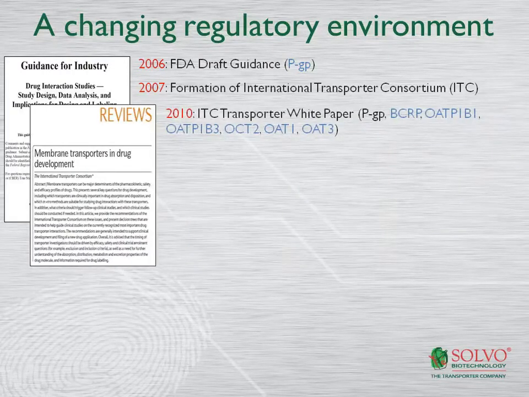And 3 years later, they published their ITC white paper, where they already included that PGP is essential to be assessed for each new drug, the effect on PGP, if it's a substrate or an inhibitor, and they recommended also BCRP, OATP1B1, 1B3, OCT2, OAT1, and OAT3.